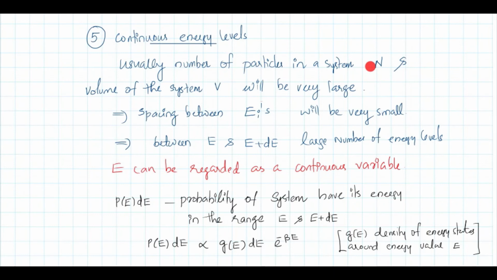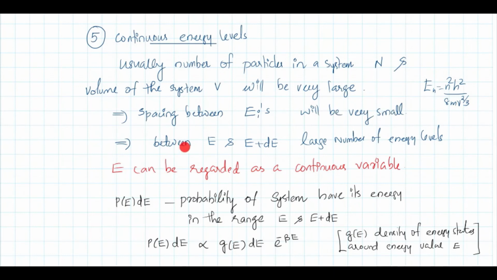So the energy levels depend on n and V. We already saw that for a particle in a box, the energy eigenvalue is n square h square divided by 8m V raised to 2 by 3. So as V increases, these energy values will decrease, and the spacing between adjacent energy values will be very small.